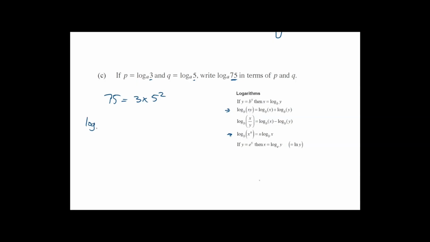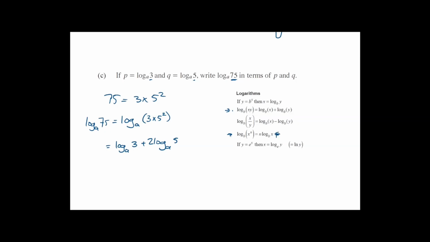So log_a of 75 is going to be log_a of 3 times 5 squared. So exploiting this rule here, this is going to be equal to log_a of 3 plus log_a of 5 squared, but we can put the 2 at the front here. Remember this rule here.